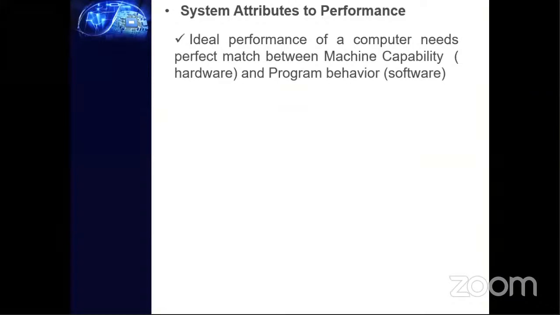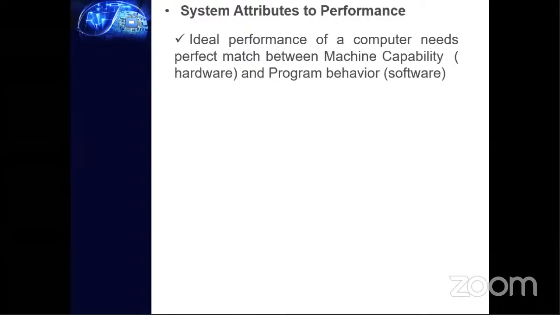The computer produces results faster than the human process or other computers. So before assessing the performance, the computer performs well, it produces the result at most speed. We are expecting a computer has to produce the result more fast. That expectation is known as ideal performance.